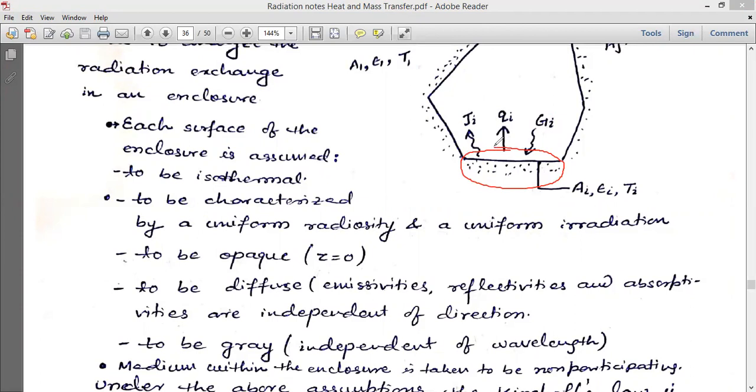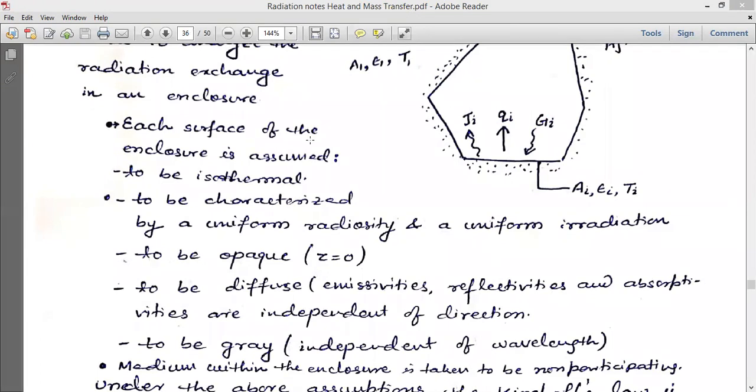That means the emissivity, reflectivity, and absorptivity will be independent of direction. Also the surfaces are assumed to be gray, that means the radiation properties will be independent of wavelength. Also the medium is assumed to be non-participating. It does not take part in the radiation phenomena.